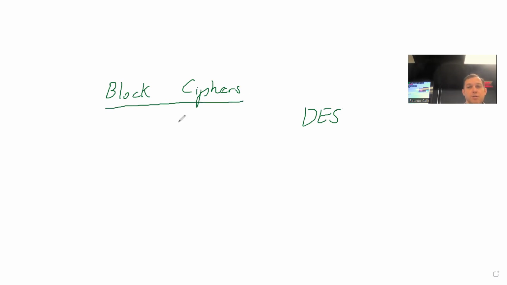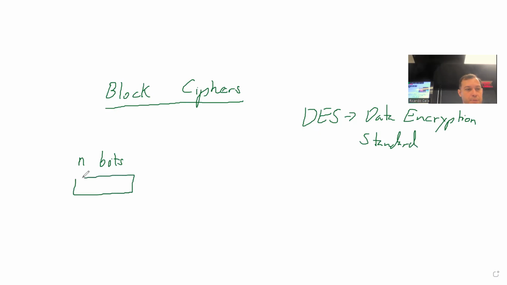All right, so as you know, DES stands for the Data Encryption Standard. We'll talk briefly about some of the history. So this is a block cipher. Remember, the main idea is that you have n bits of a block, and then it goes through two algorithms, encryption and decryption, based on XOR, but there's more to them than just XOR.